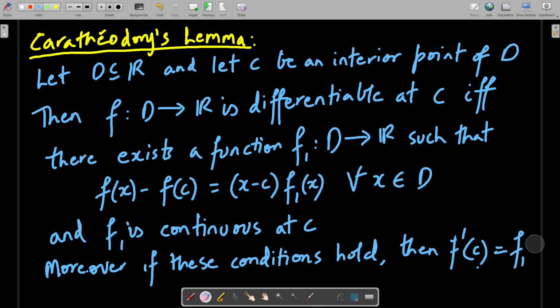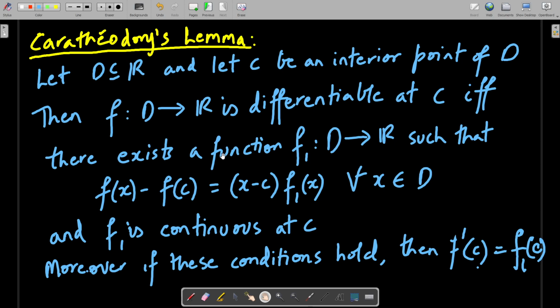Just let me rub this out. Yes, so this result is covered in Bartle's book without this name.